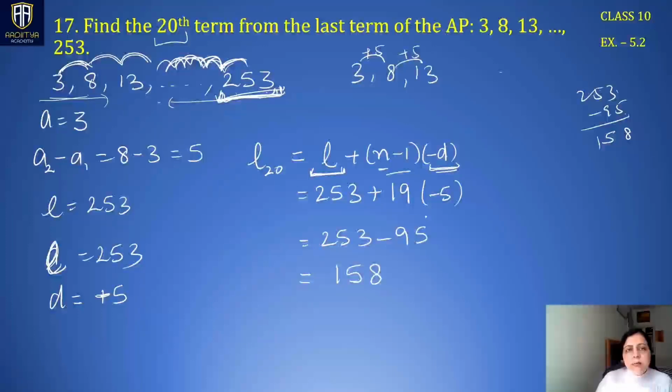These two things have to be kept in mind. The formula remains same. So we had to find 20th term from the back. Our first term becomes the last term, and the common difference, it was positive 5 in the forward manner, so I took negative 5. We have to go backwards. So the 20th term from the back becomes 158, right?